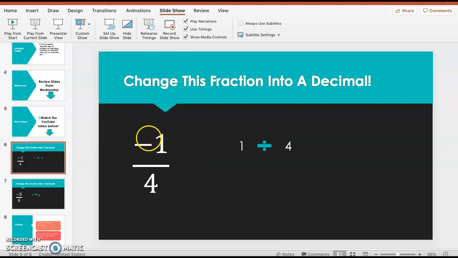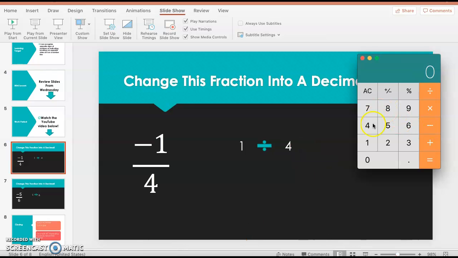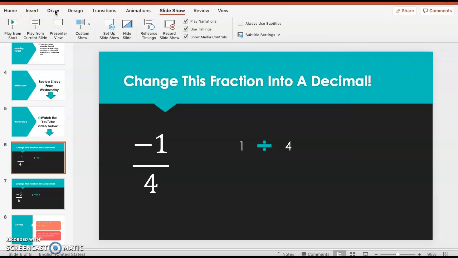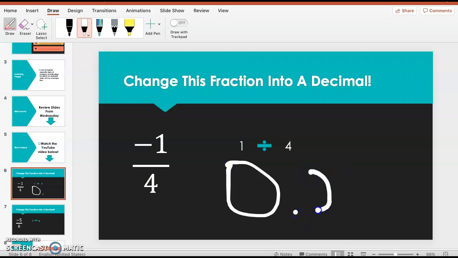So let's say you have negative 1 over 4. Well, we know that that really is 1 divided by 4, right? So if we're using our calculator and we say 1 divided by 4, we get 0.25. So let's write that out. 0.25.